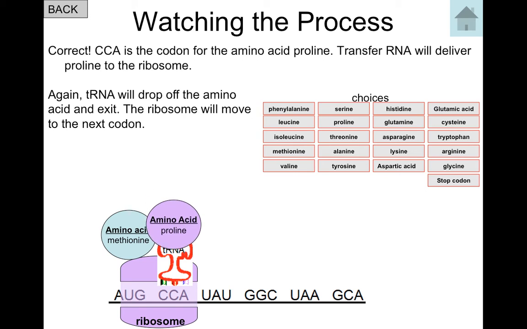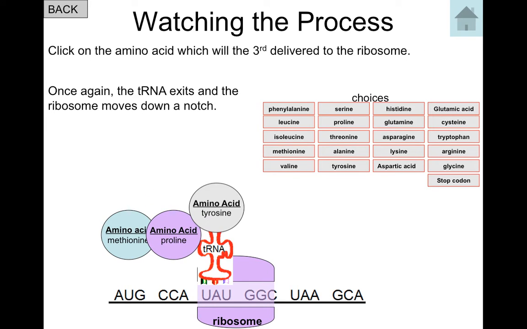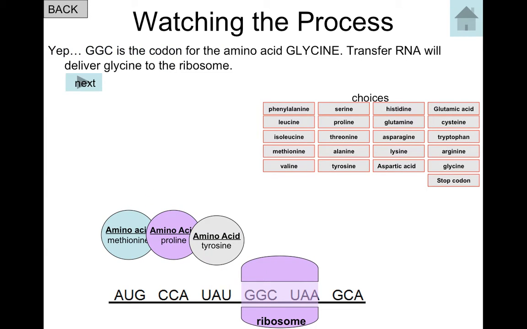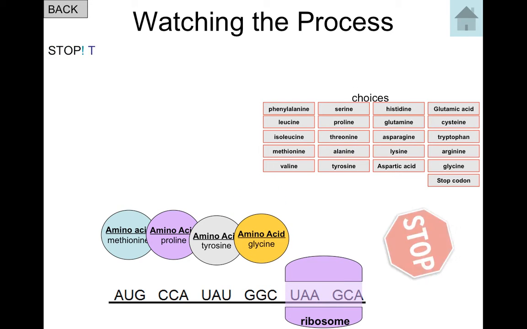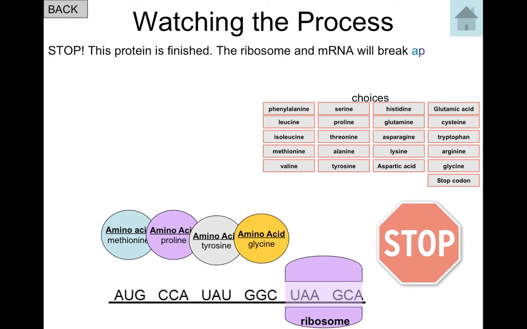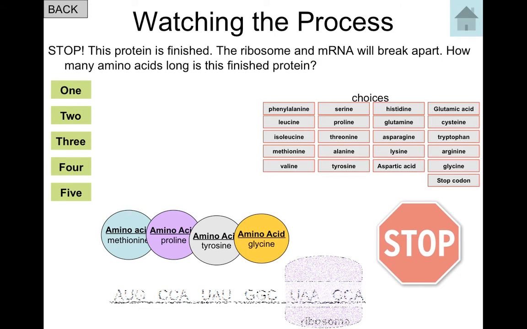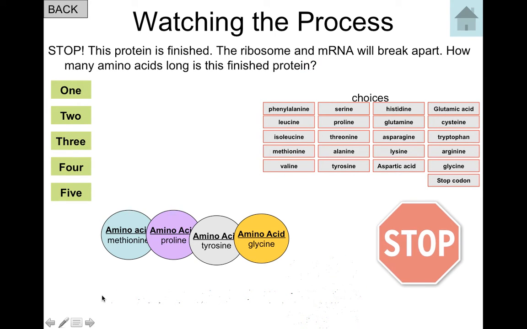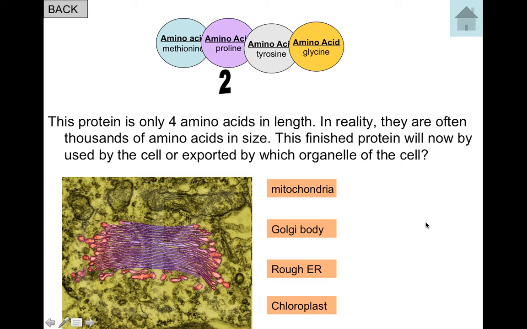And we just keep rattling along. And we're gradually going to be adding more and more and more. And then we hit a stop. And so the protein is made and it can leave the ribosome. This is a very small protein, and we can see it has 4 amino acids. Finished protein will now be used by the cell.